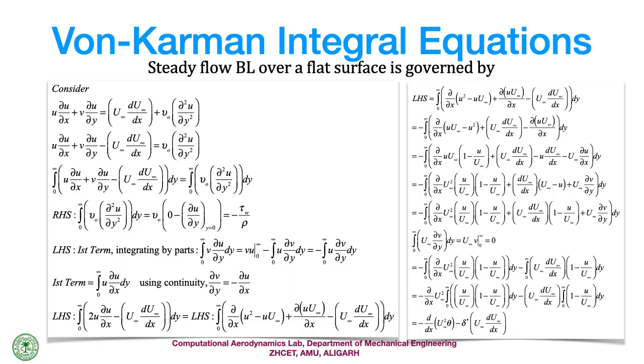Now this LHS can be readjusted like this, as shown, by adding and subtracting del u by del x times u into u infinity. Similarly, the LHS can be modified in these ways, as shown over here. Finally, the LHS becomes minus d by dx of u infinity square theta plus delta star u infinity du infinity by dx.